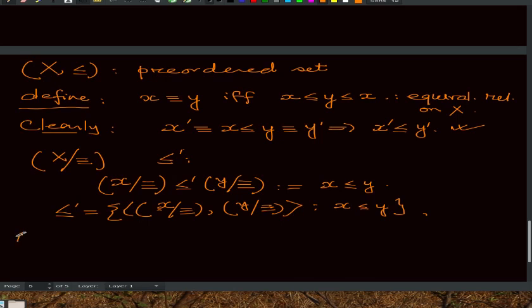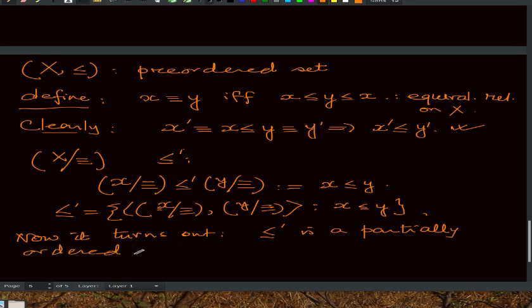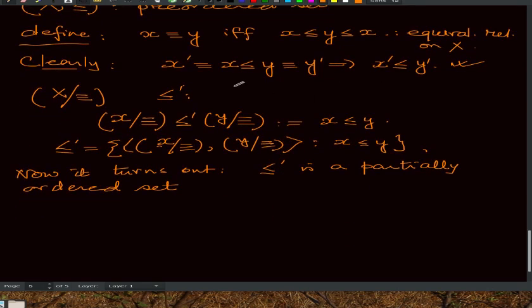And now it turns out that this is a partial order. That means this turns out to be reflexive, transitive, and antisymmetric. Antisymmetric precisely because of its definition over here.